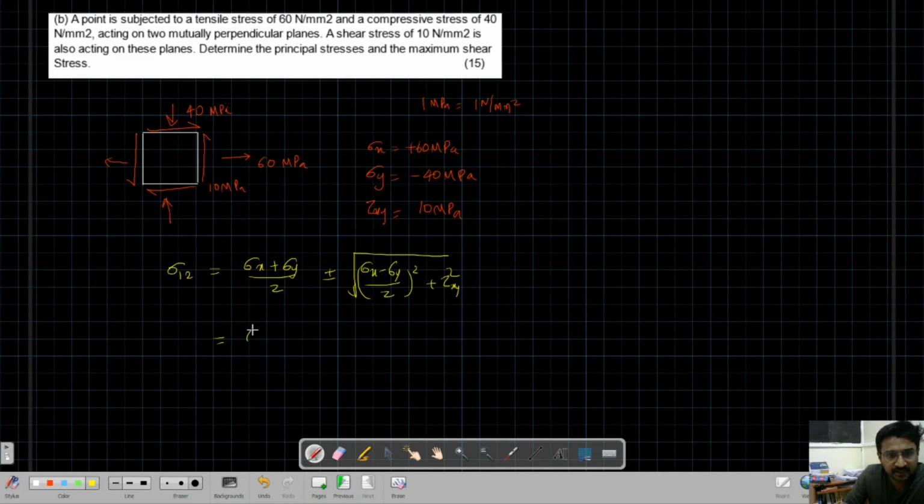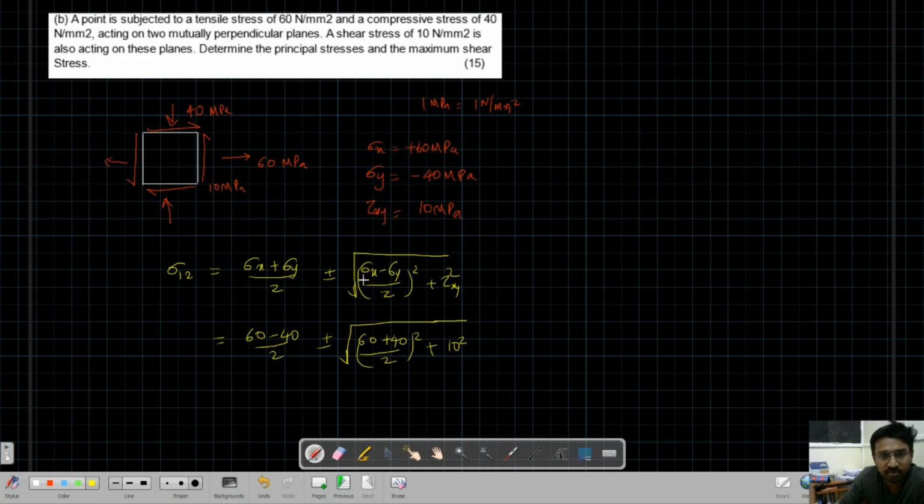Sigma x is 60, sigma y is minus 40, so (60 minus 40) by 2 plus minus under root ((60 plus 40) by 2) whole square plus 10 square. One mistake that everyone makes is with the sign.